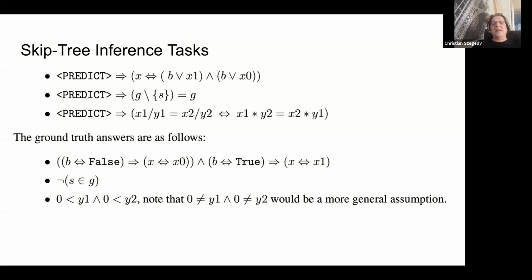So, for example, this shows what the ground truth is. You need certain statements to hold on the left-hand side in order for the right-hand side to be true. There could be a lot of options. It's always the case that if you just predict false everywhere, then this would be a trivial task.